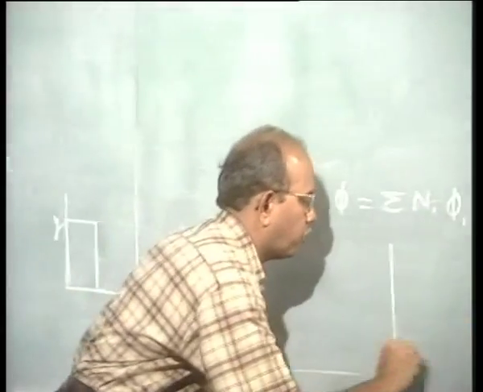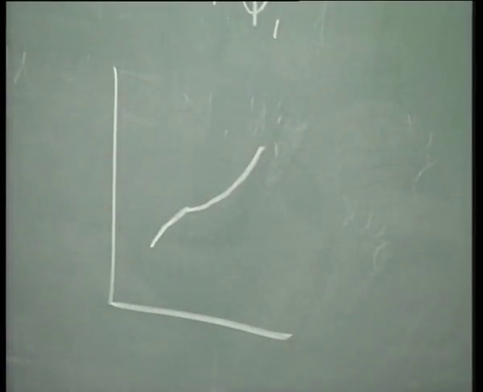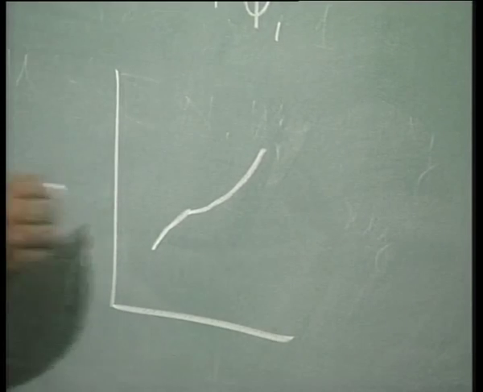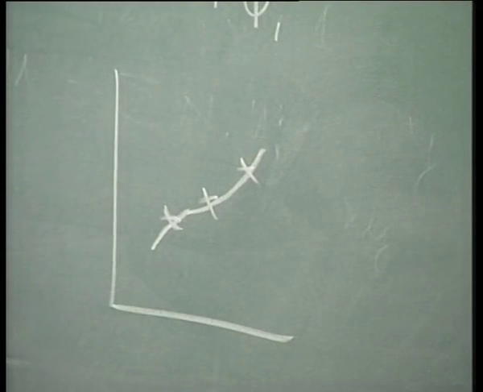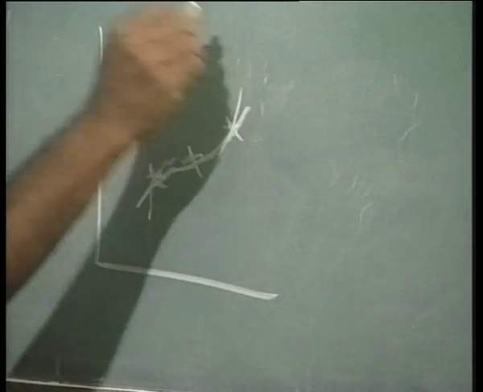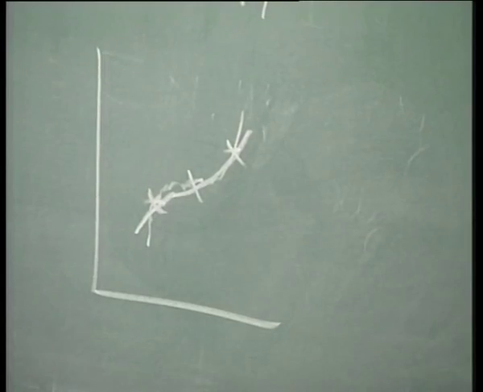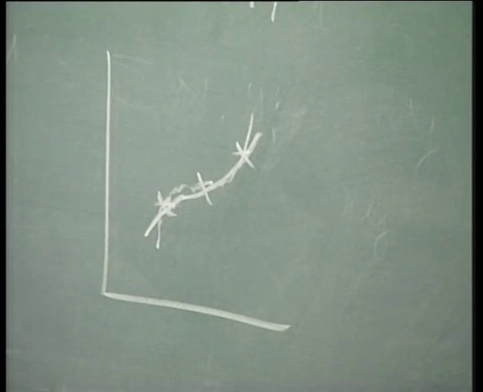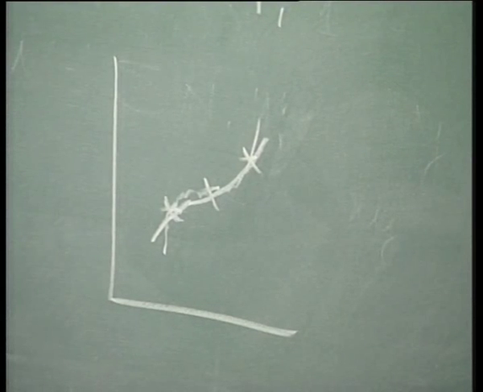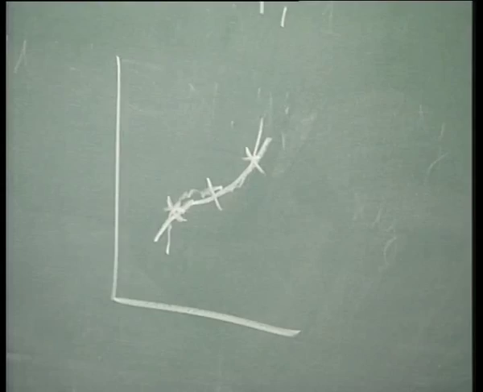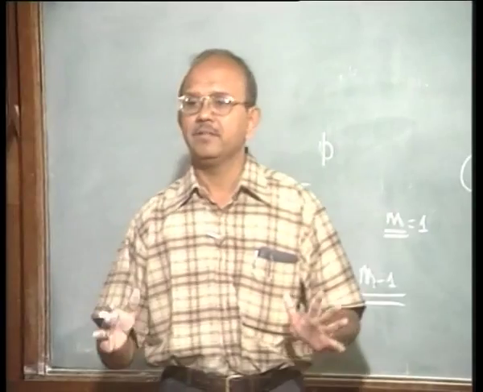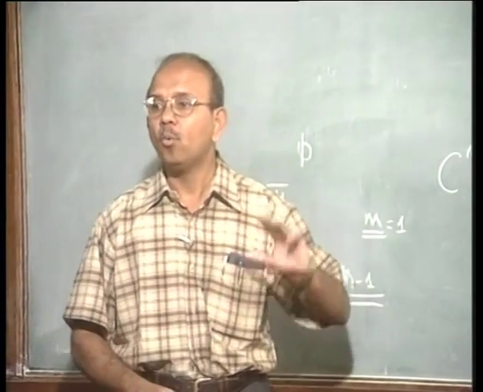If I plot, say, this is the actual curve that I have, and these are the points which I am taking, the Lagrangian interpolation will go like that. It will satisfy the values at these points, but the slope of the curve predicted by the Lagrangian interpolation will not be the same as that of the original curve.